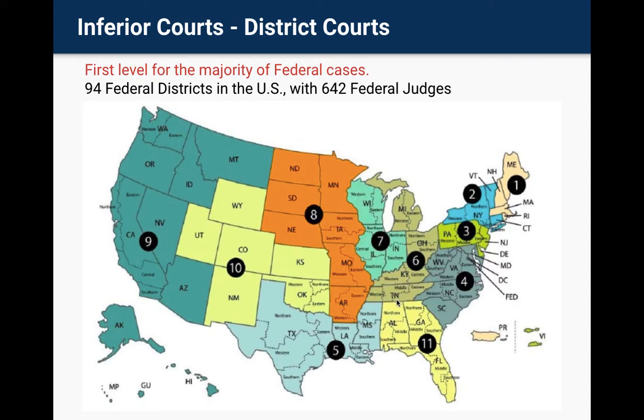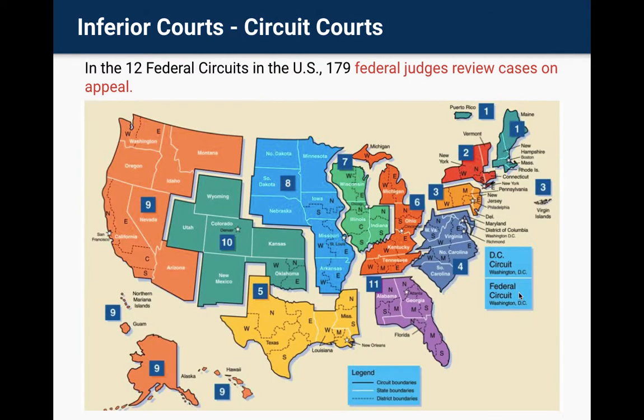Tennessee and Kentucky, right? Kentucky, Eastern and Western. Tennessee is divided into 3: Eastern, Middle, and Western. All that's going to be decided by Congress. Okay, so that's that. That also includes, if you look over here, some of our territories also have district courts. Right? Washington D.C. has its own federal district court. But that's the district level.